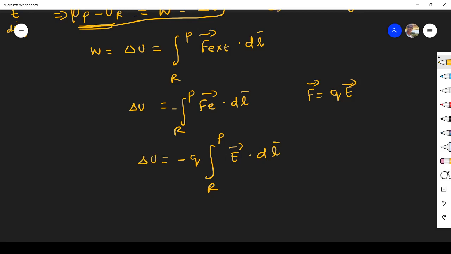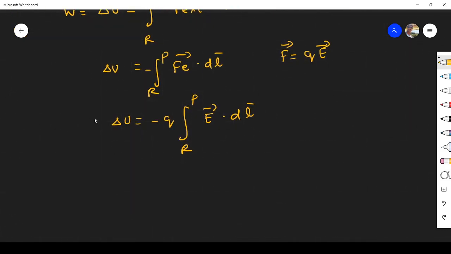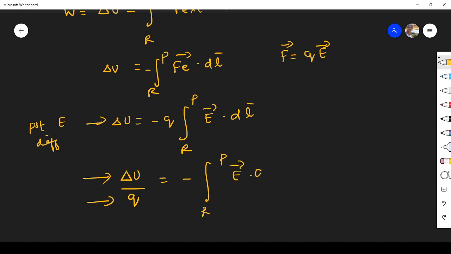That is nothing but our delta U, the potential energy difference. If I bring the charge to this side, delta U by Q, the potential energy difference per charge, is given by minus the integral from R to P of E dot dl.